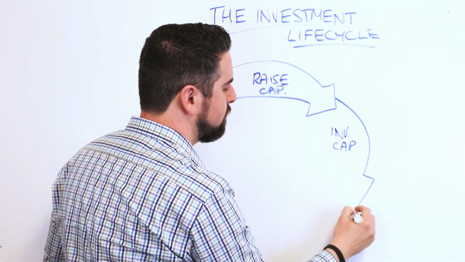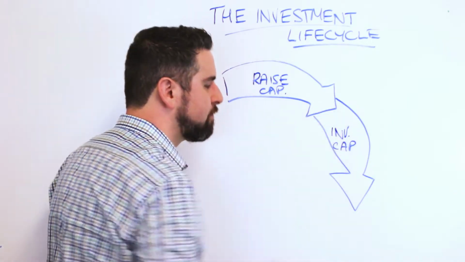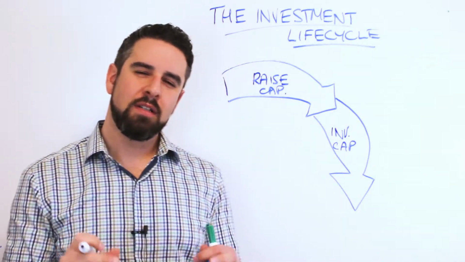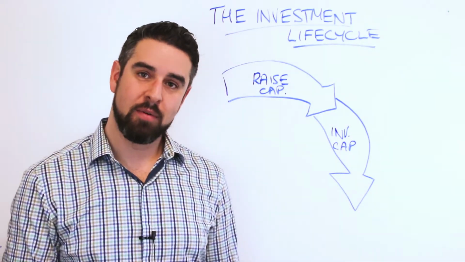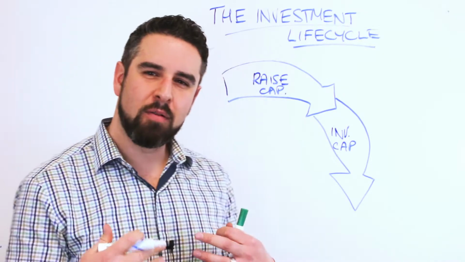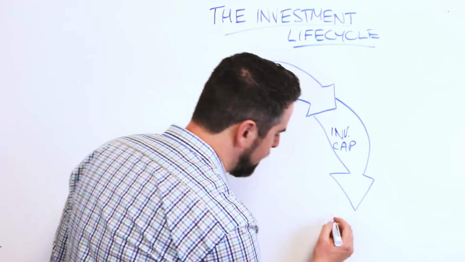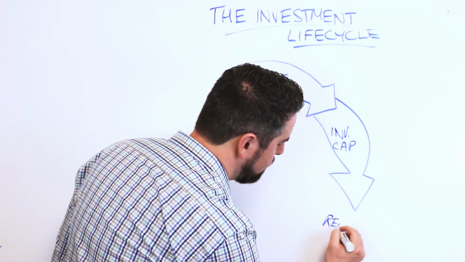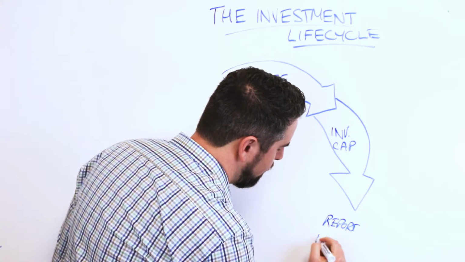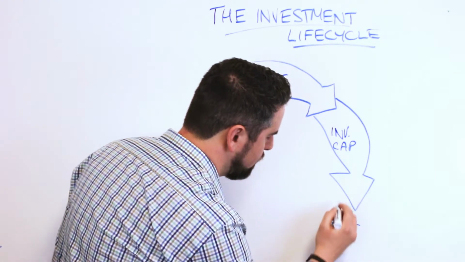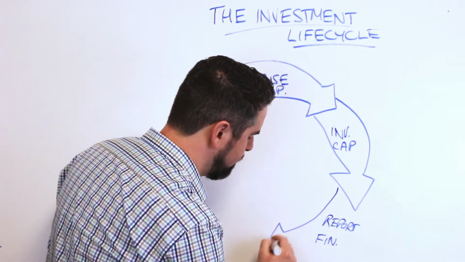Step two. The third step, once you've invested that capital, is you want to report the financials of those investments. So we'll put here report financials. That is step three.